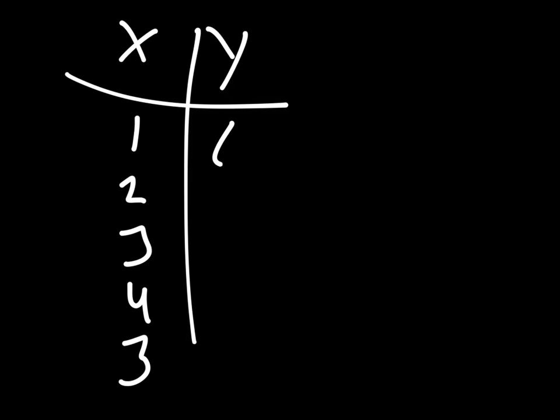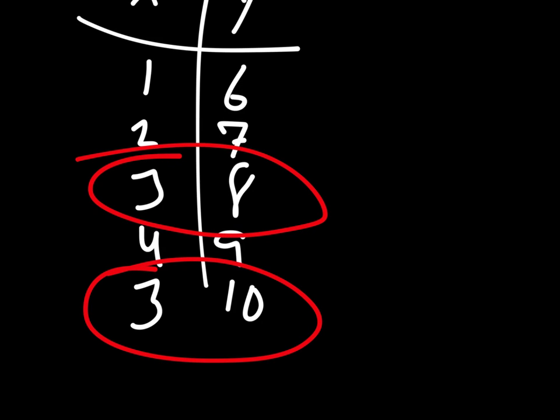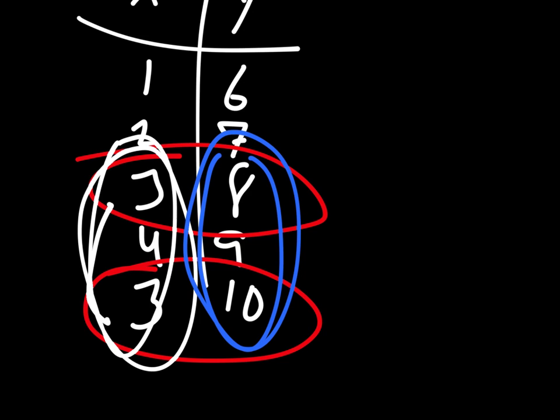If I have 6, 7, 8, 9, 10, the flaw in this, to prove it's not a function, is if you have the exact same x with a different y. So you see that these 3's are the exact same, right? But these y's are different. So that is not a function, okay? That's basically what this says.